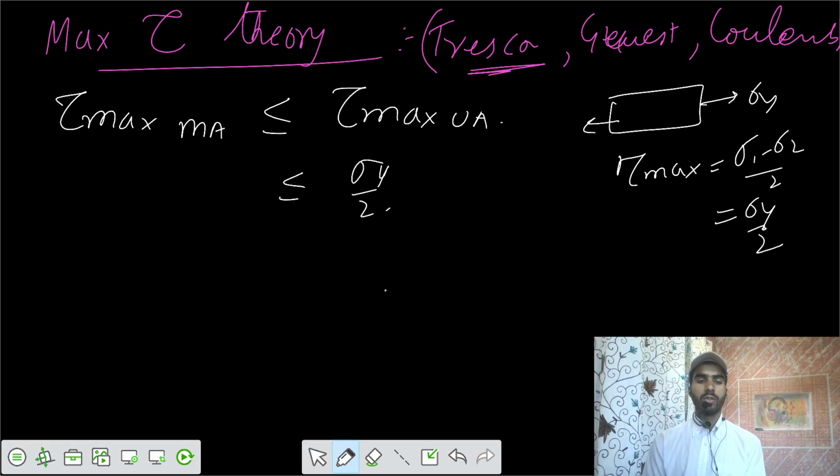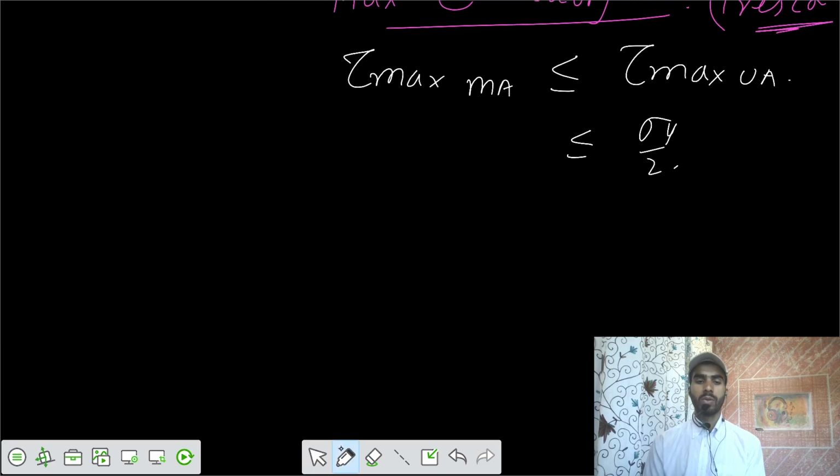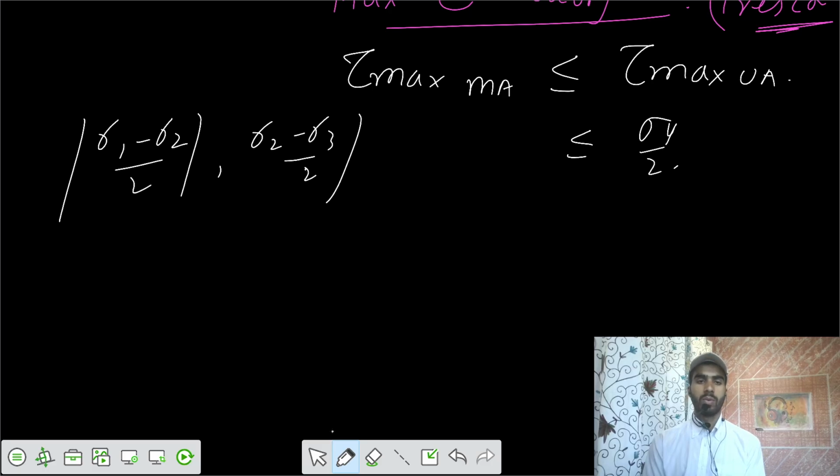For tau max in multi-axial loading, we have three possibilities. Tau max absolute is the maximum of sigma 1 minus sigma 2 by 2, sigma 2 minus sigma 3 by 2, and the third one, sigma 3 minus sigma 1 by 2.